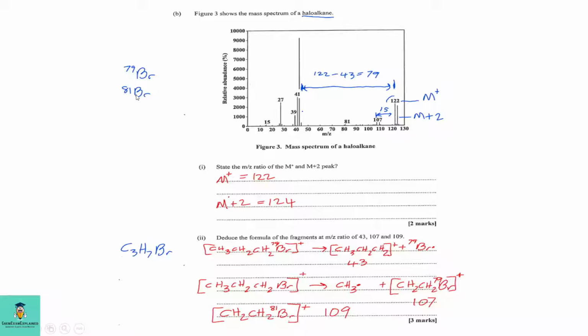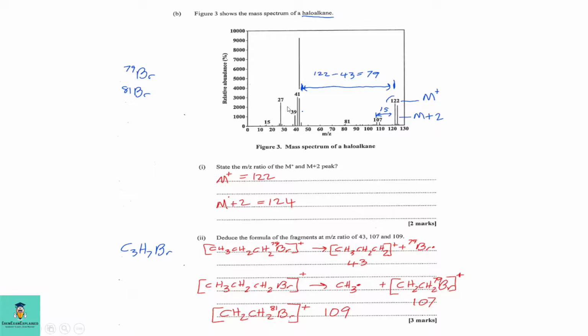So you see that the isotope for bromine at 81 is 2 units higher than bromine 79. So the 2 units higher will be the M+2 peak. And the M+ peak, which is the molecular ion peak, is at 122. So your answer is M+ is equal to 122 and M+2 is equal to 124.